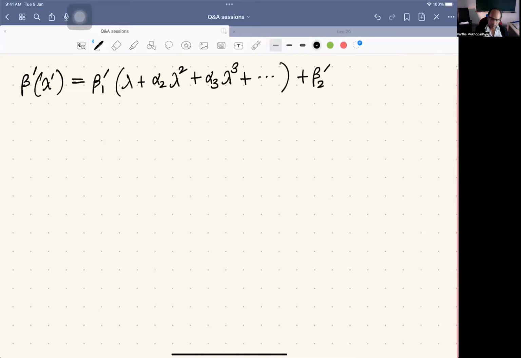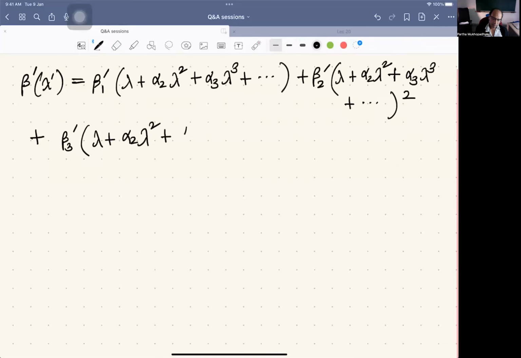Then beta 2 prime times lambda plus alpha 2 lambda square plus alpha 3 lambda cube, and so on, to the power 2, plus beta 3 prime times lambda plus alpha 2 lambda square, to the power 3. And then you basically expand all of them.